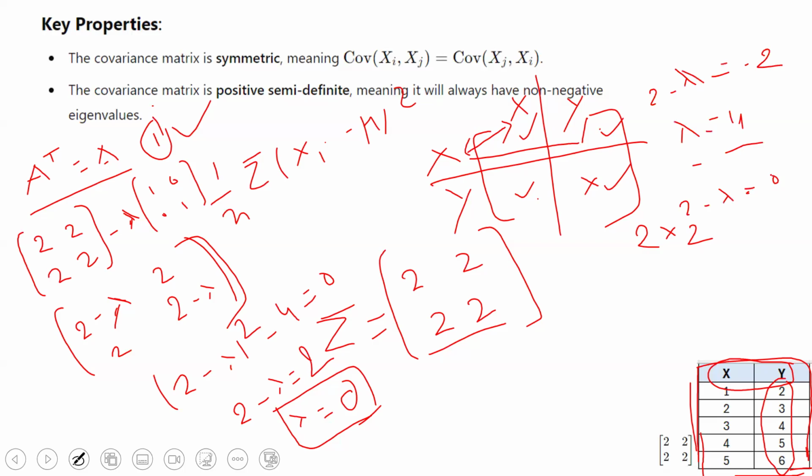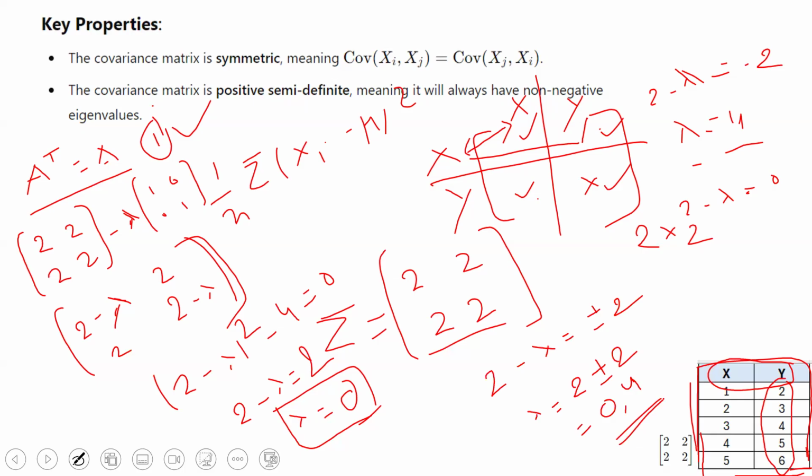So 2 minus lambda is equal to plus or minus 2. So lambda will become 2 plus or minus 2, which is 0 and 4. So lambda has two values, 0 and 4. Yes, correct. The eigenvalues are always positive and real.